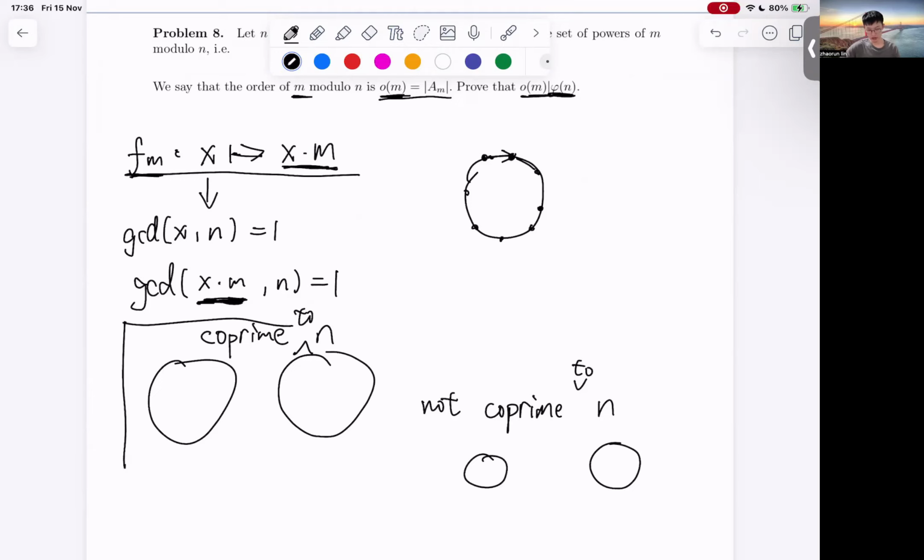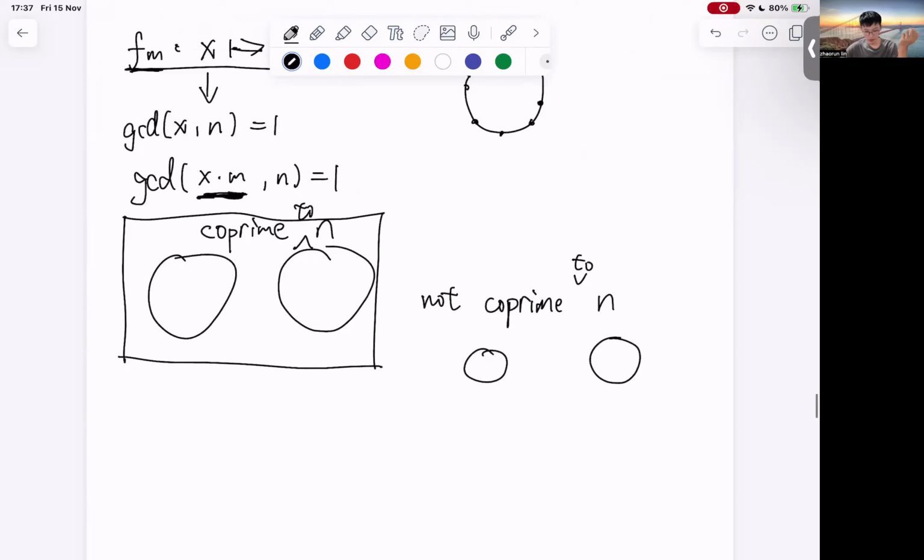And if we consider those cycles, we could probably have only one cycle, or we could have multiple cycles. If we consider all of these cycles, all of the elements in them are coprime to n, right?